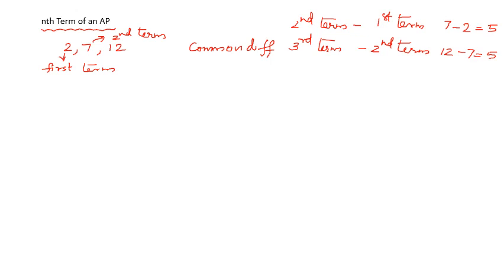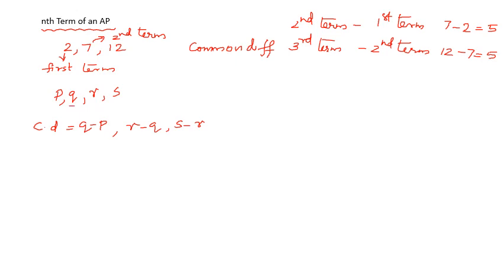Now if I write an AP as P, Q, R, S, can you tell me what will be the common difference? Q minus P, or it can be R minus Q, or it can be S minus R. If anyone is having doubt, you should ask what is the second term.